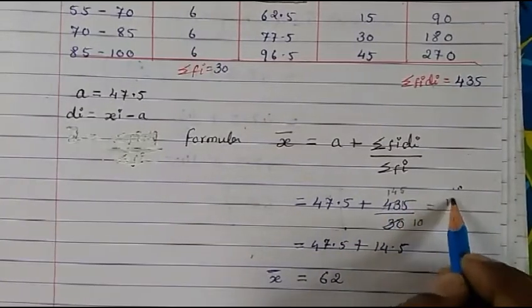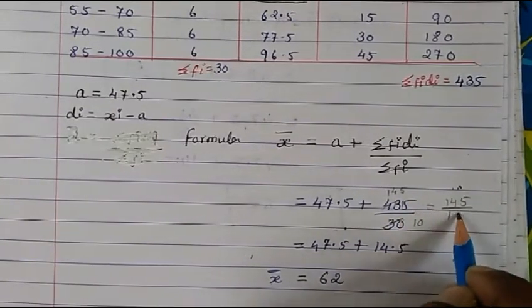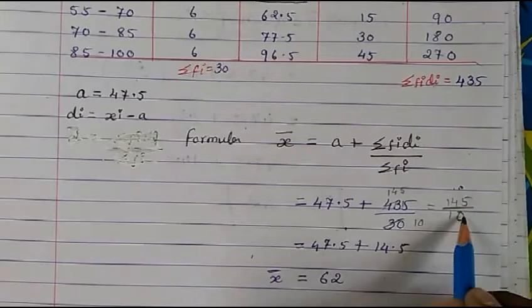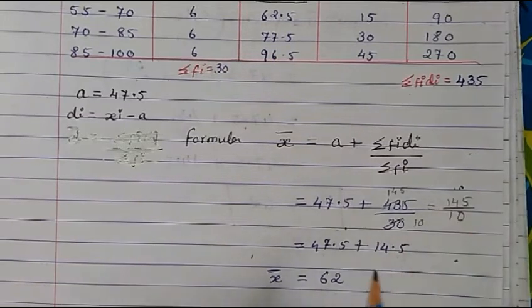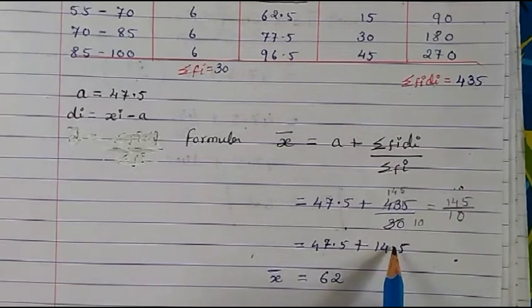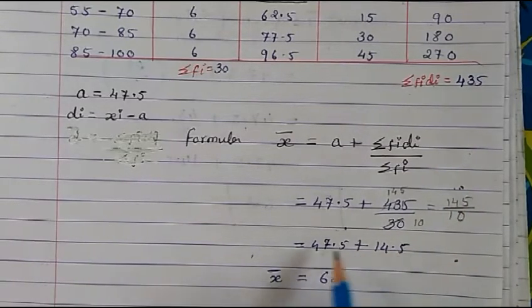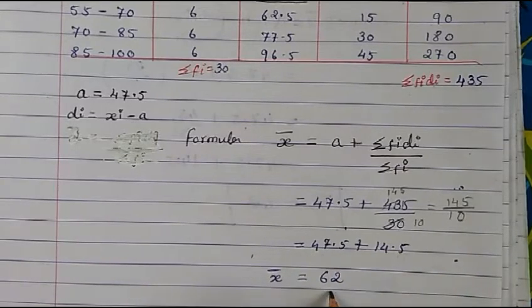So you get 145 upon 10. So when you have 0 here, after 1 digit we can put the decimal. So that's how we get 14 point. This can be written as 14.5. So then when you sum up, you will get x bar, that is the mean, 62.